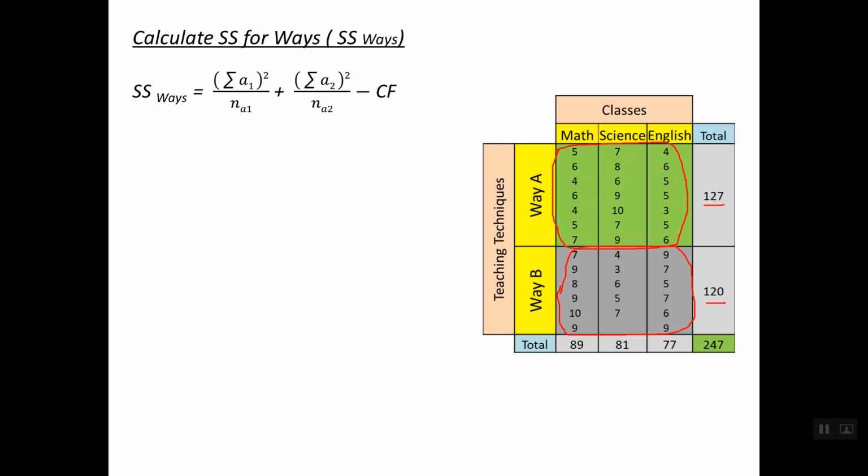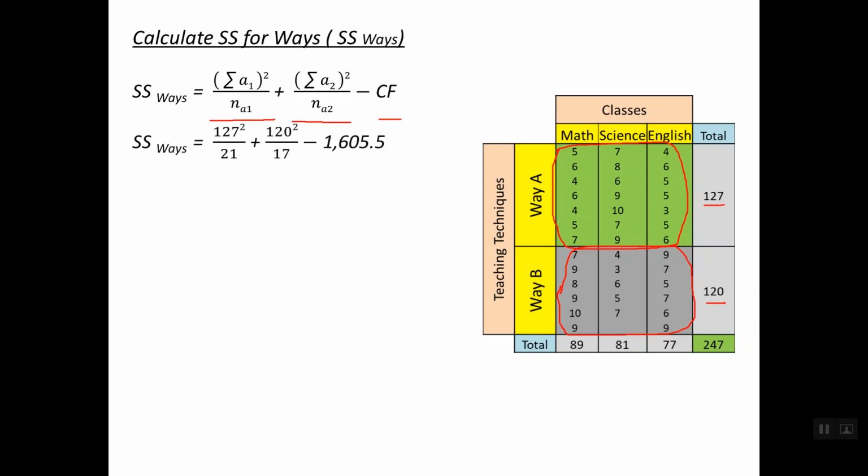N sub A1 represents the total number of observations for the scores related to the first level, which is A1. The same technique is used for the second level, and finally we subtract the correction factor.